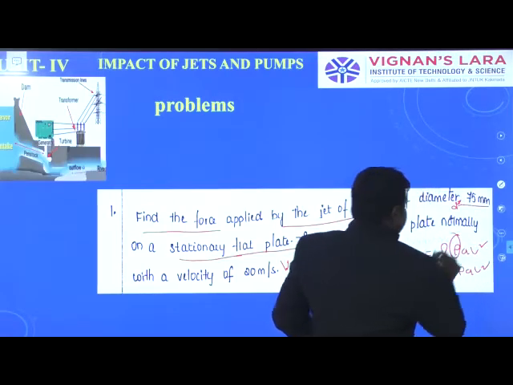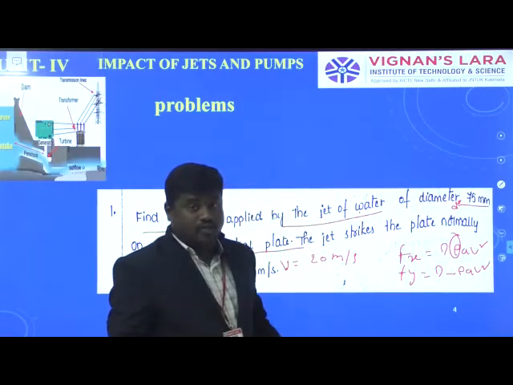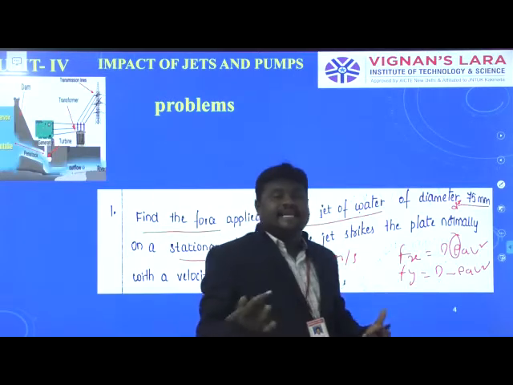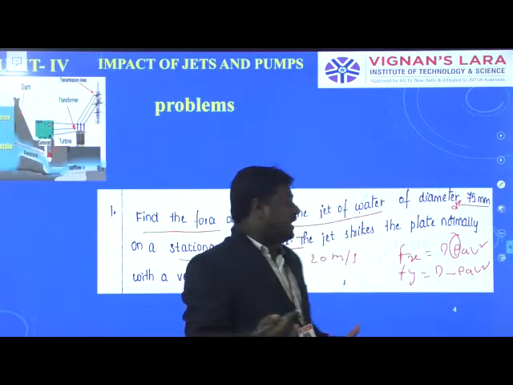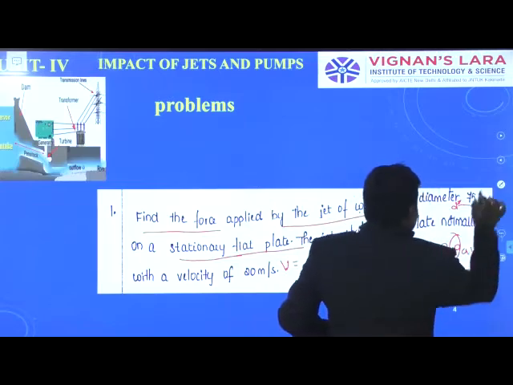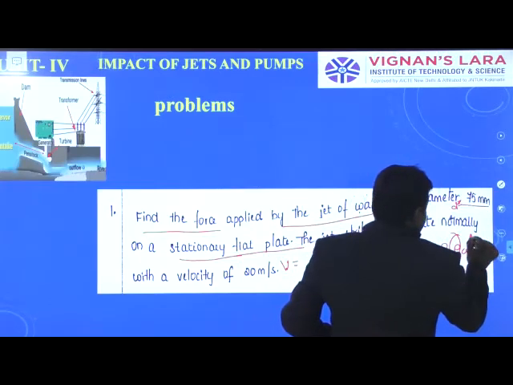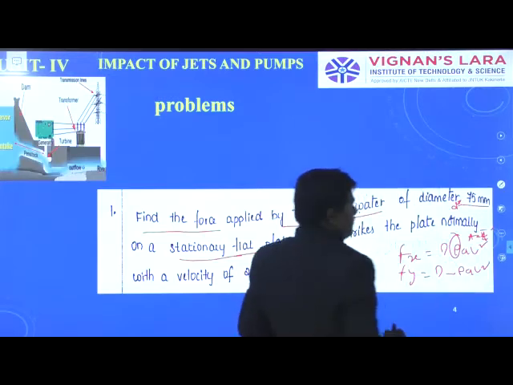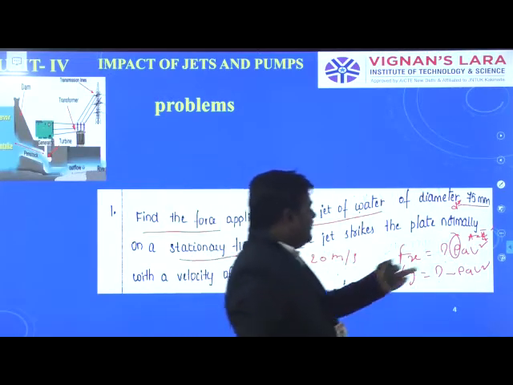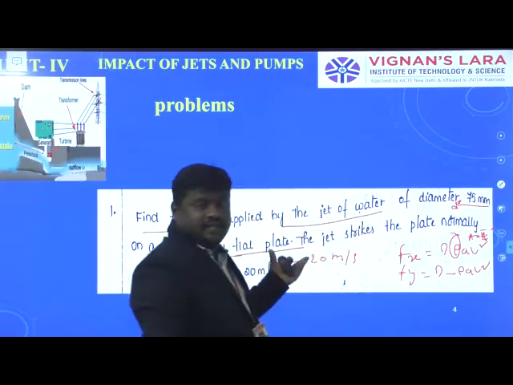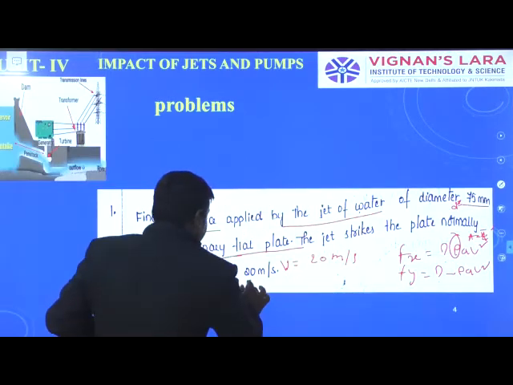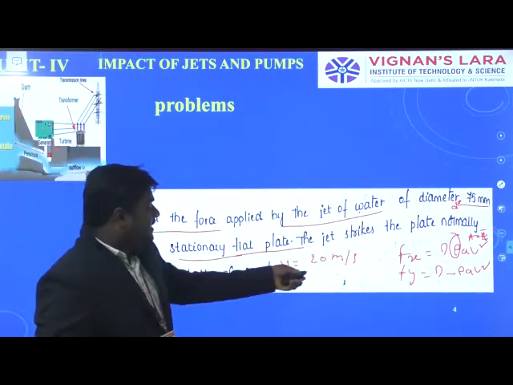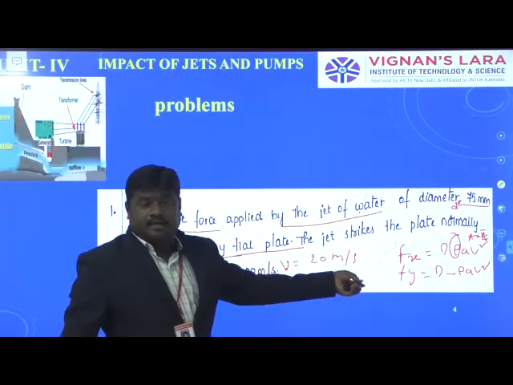Rho means density, that is 1000, and A means area, pi by 4 d square. The velocity is already given in the problem. Then we have to find the Fx value as well as the Fy value.